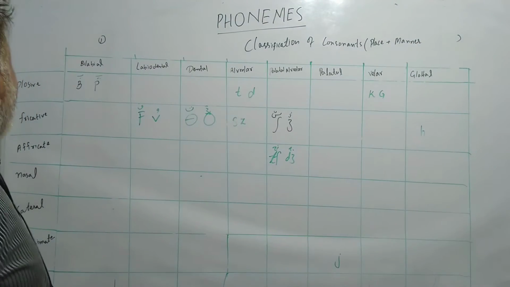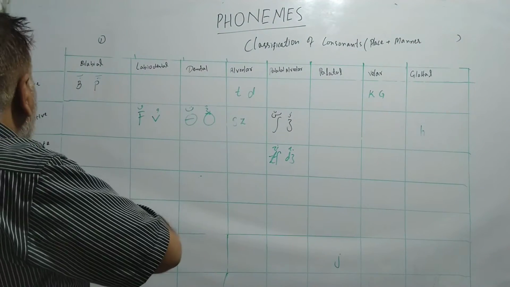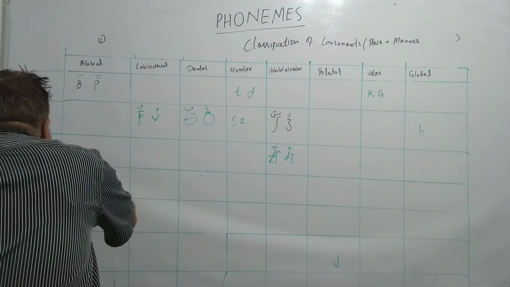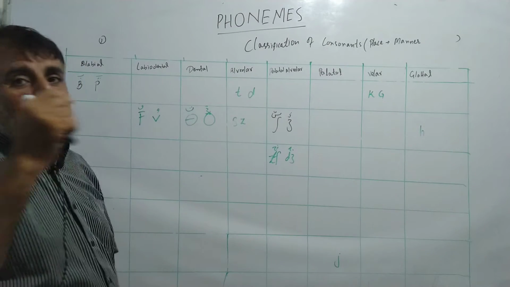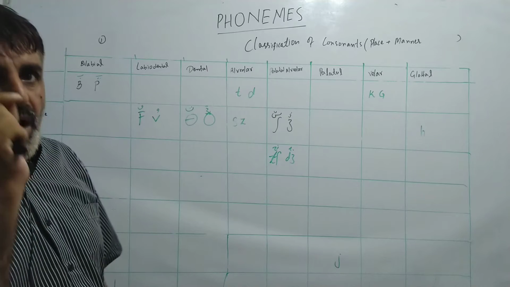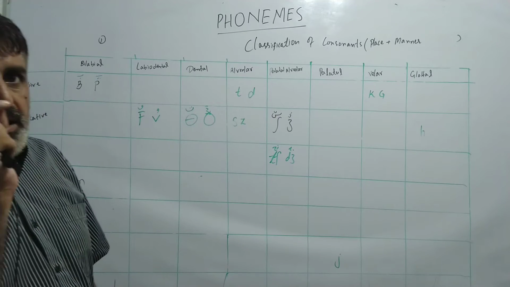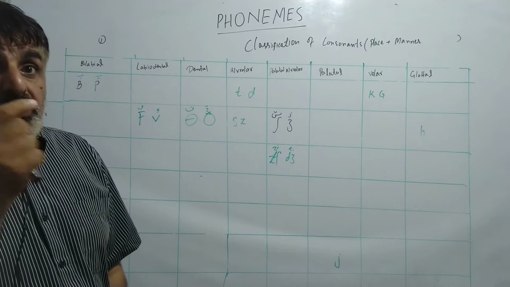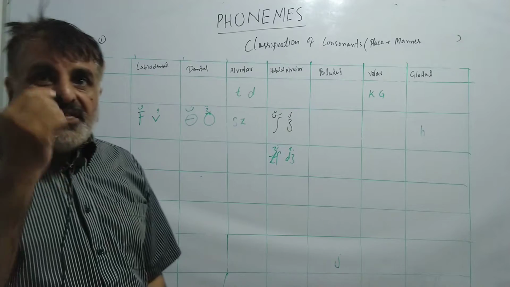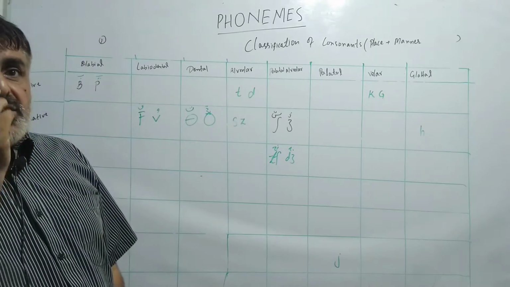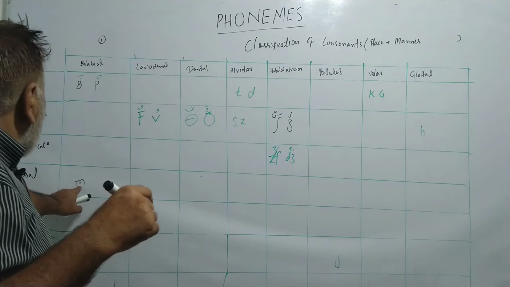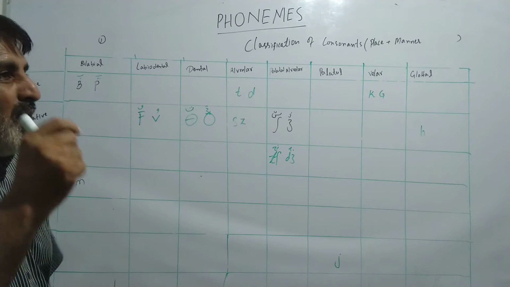Then for bilabial we have one more sound, in the form of ma, because you can see that for the production of ma we involve both lips. But this is a nasal sound, because you can feel the air going through the nose.